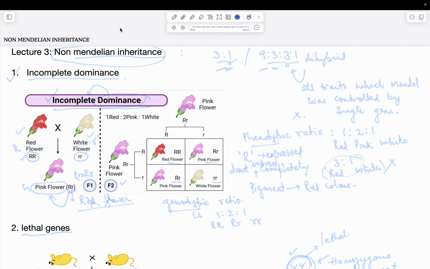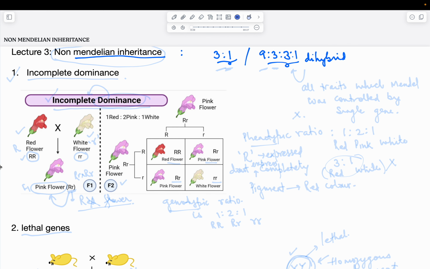Okay, so in previous lecture 2, we studied Mendelian inheritance. In Mendelian inheritance, most of the experimental results were in the ratio of 3:1 for a monohybrid cross, or 9:3:3:1 for a dihybrid cross.